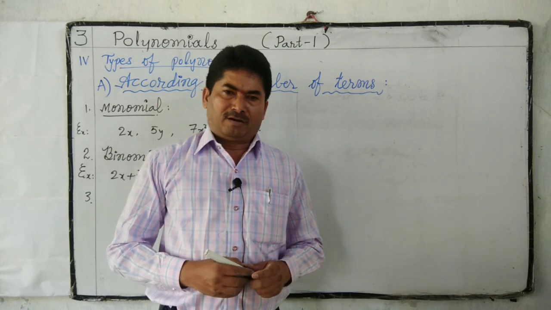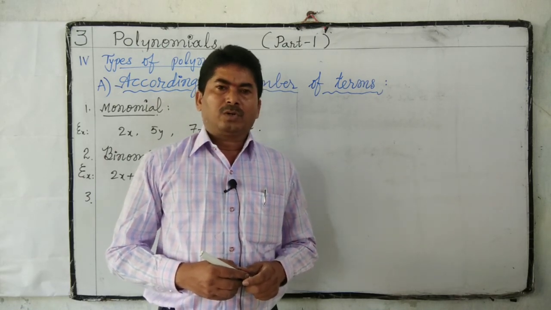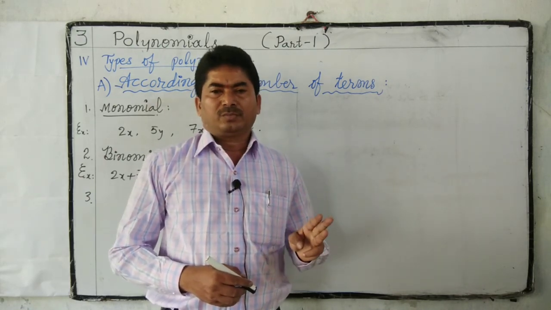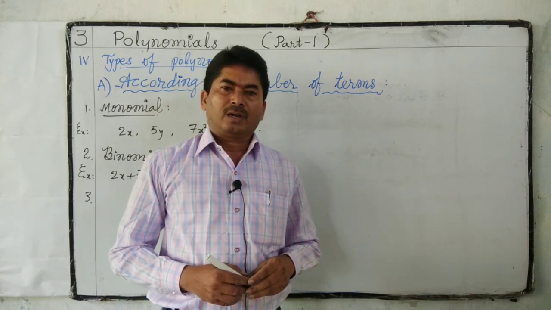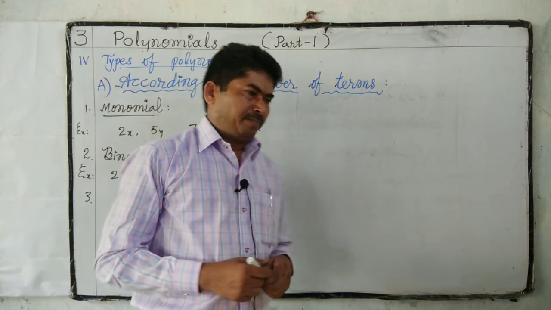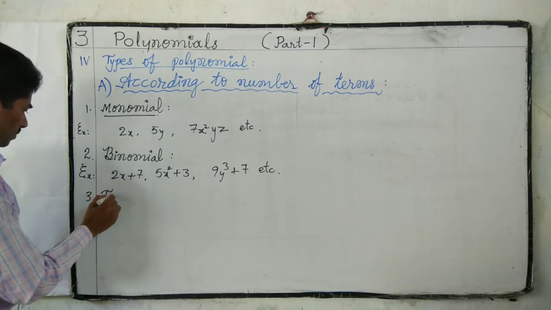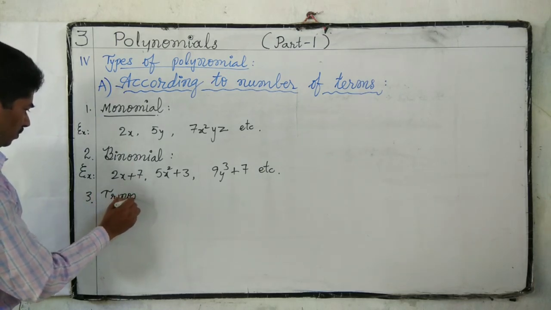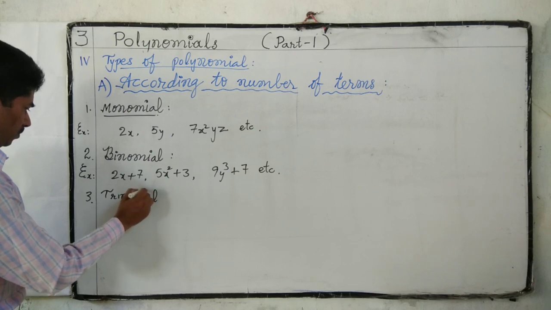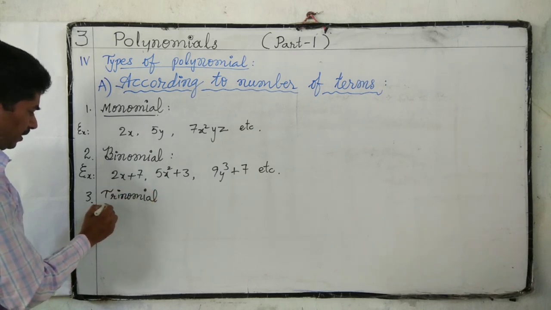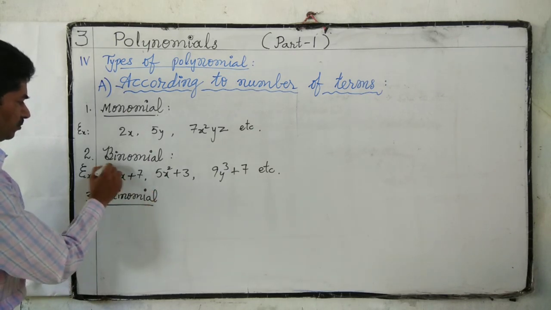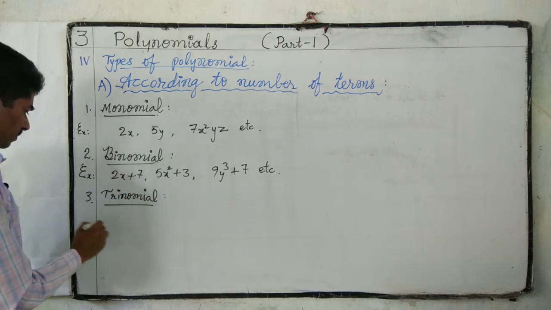A polynomial containing 3 terms is called trinomial.